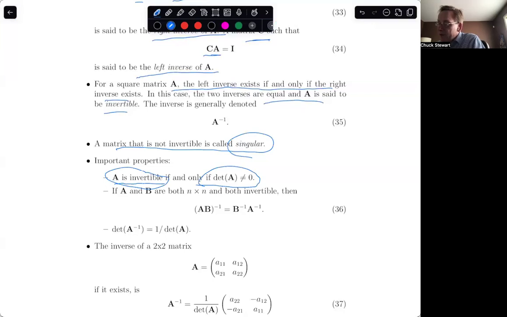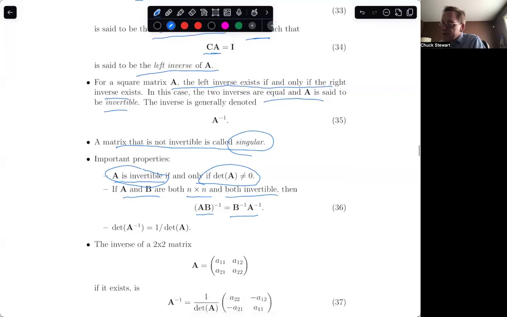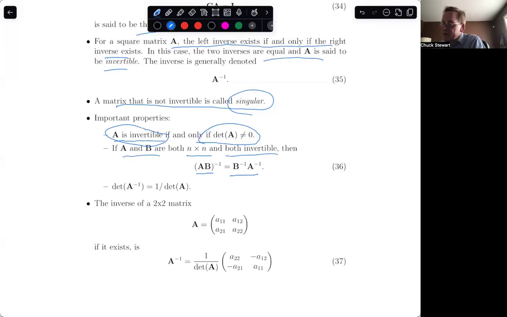If A and B are both square matrices and both invertible, then the inverse of the product equals the product of the inverses. The determinant of the inverse is the inverse of the determinant. And this is fairly easily proved because we know that the determinant of the identity equals 1, and the identity equals A times A inverse. So the determinant of the identity equals the determinant of A times A inverse.